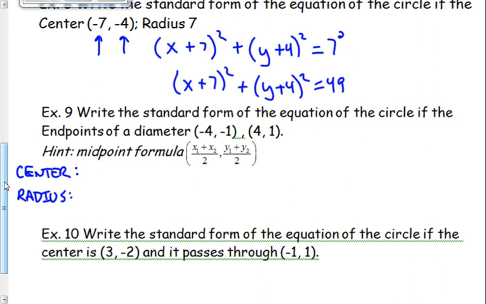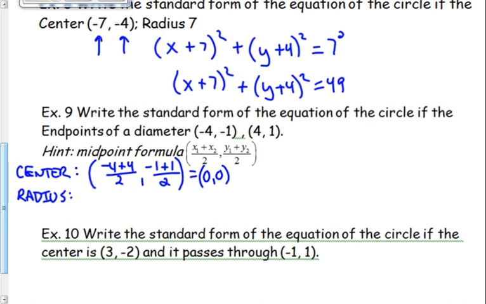The problem gives us the hint that the midpoint formula is listed there because the center is going to be halfway between the endpoints of the diameter. So in this case, it's negative 4 plus 4 over 2, comma, negative 1 plus 1 over 2. Both of those would give you 0. So the center is the origin.